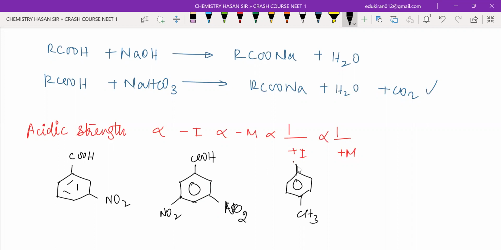Which one will be the most acidic? Arrange them in increasing or decreasing order of acidic strength.